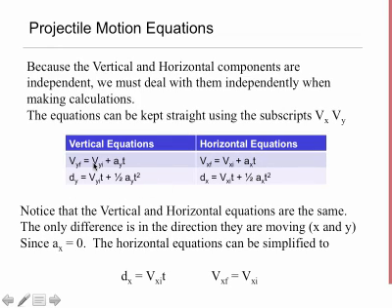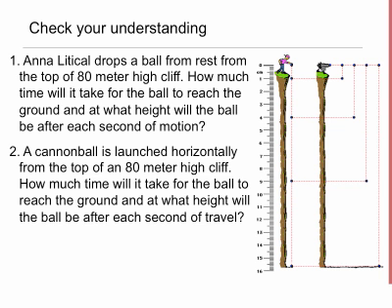So that second one is distance in the y direction equals initial velocity in the y direction times the time, plus 1/2 acceleration in the y direction times the time squared. Okay, so now going back to our problem, we can go ahead and calculate our time.